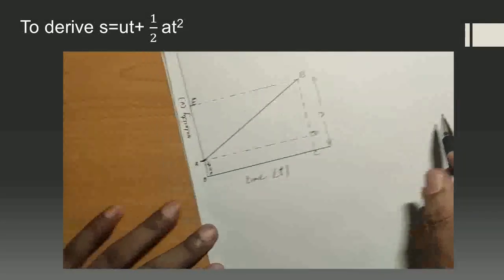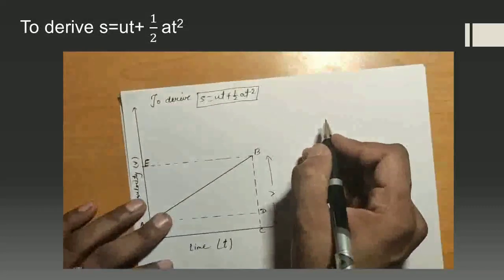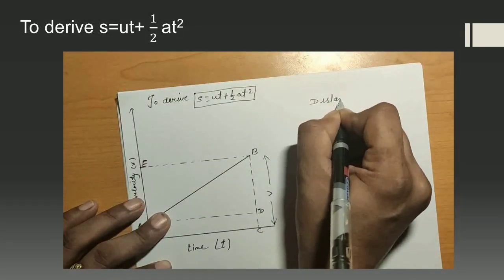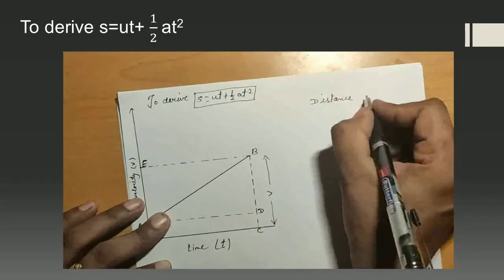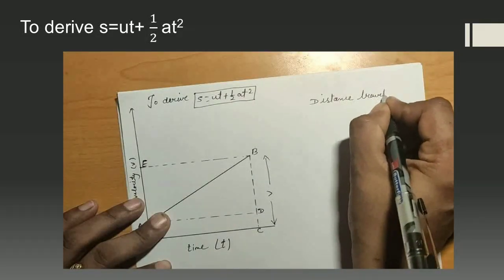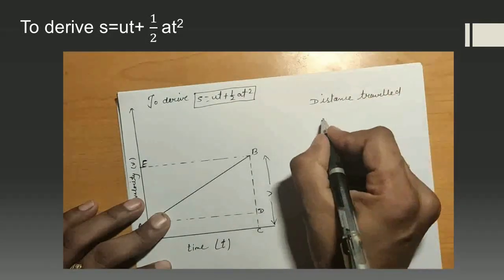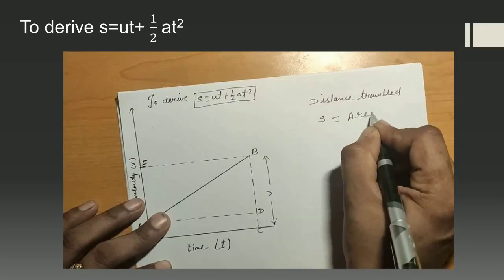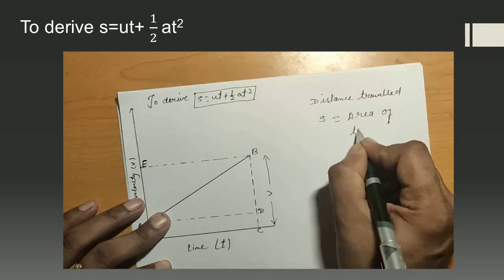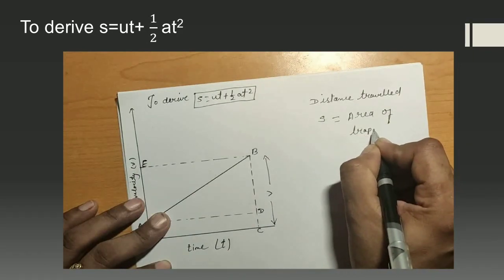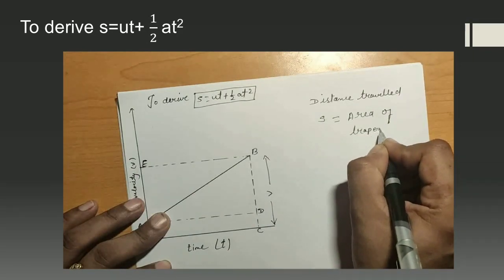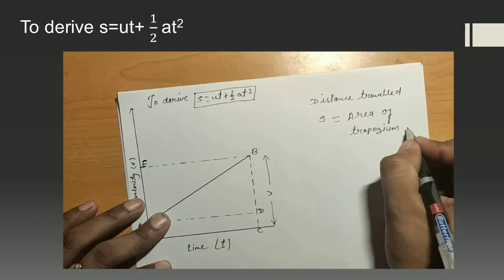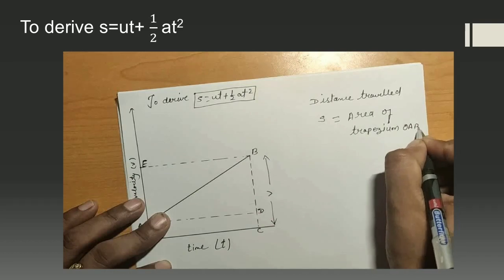So the distance traveled by the body is s is equal to the area of trapezium OABC.